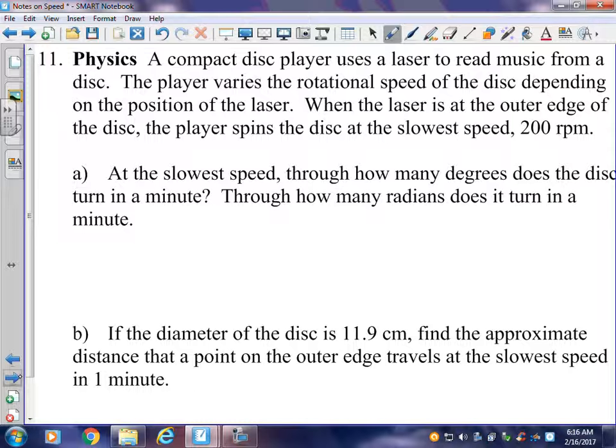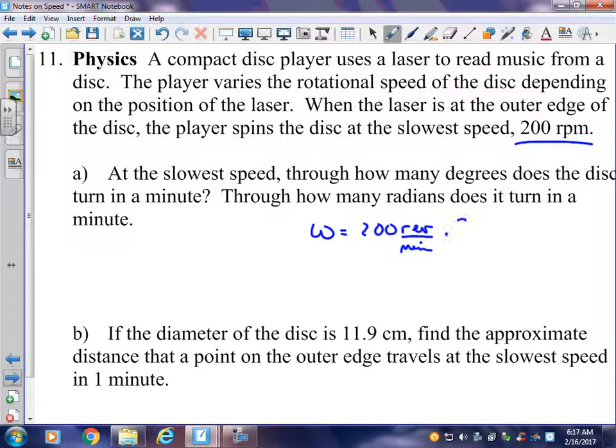It says that the slowest speed, how many degrees does the disc turn in a minute? Through how many radians does it turn in a minute? Let's focus on radians first, because I think that's what we've been using. So omega is equal to 200 revolutions a minute, because that's what RPM stands for. RPM is revolutions per minute.